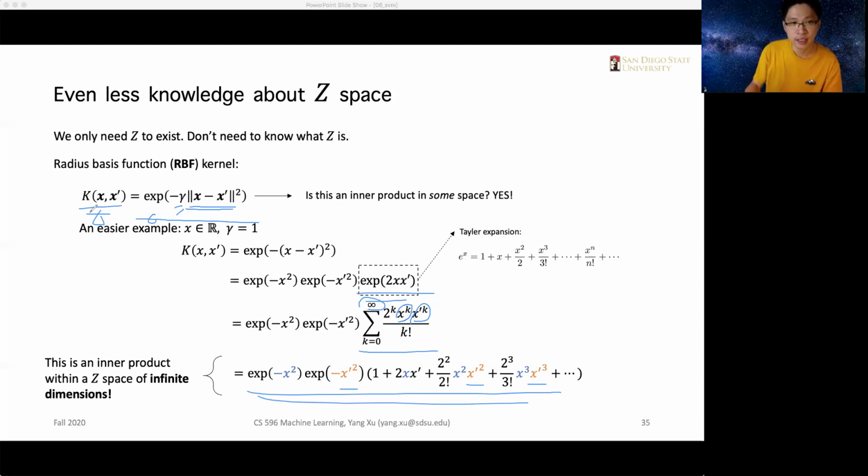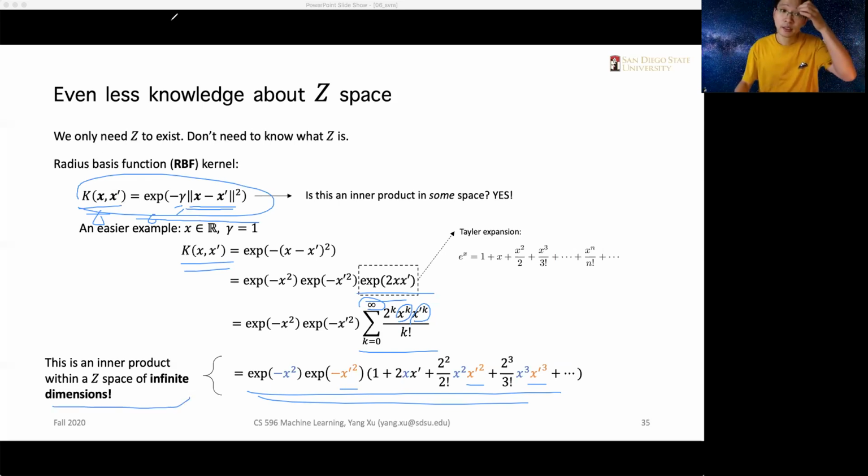We just need to know that the kernel function in such a form, the exponential of the original distance in X space, can be used as the inner product of some higher dimensional space. And actually the dimension is an infinite number of dimensions. Okay, so the RBF kernel is often used in the case of building SVM models.